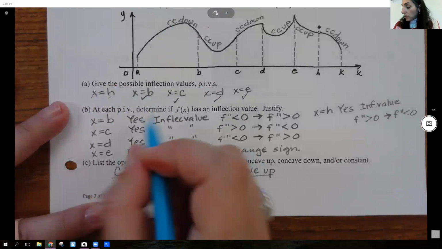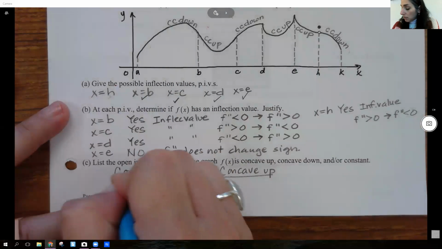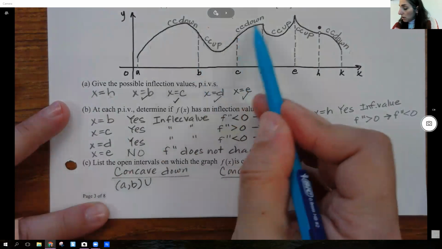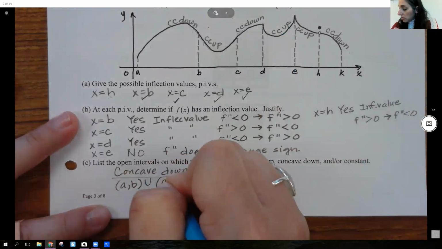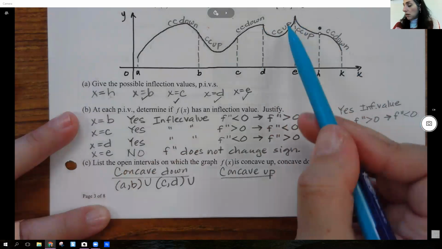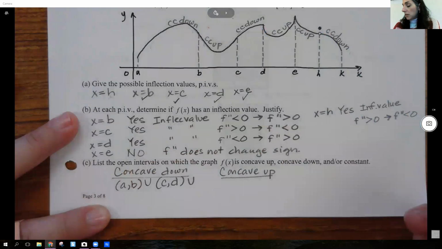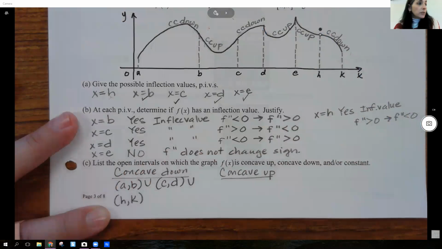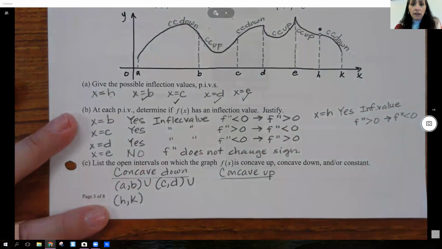Concave down looks like A to B in union with C to D. And then H to K. Remember, use parentheses, don't use brackets on the actual endpoints of those intervals.